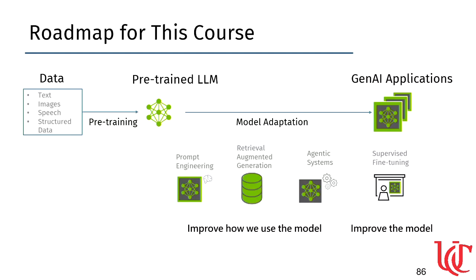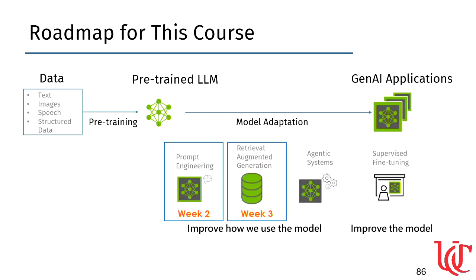This framework also matches our roadmap for this course. Next week, we will go into the first general approach, how to improve the way we use the model. We start with prompt engineering. In week 3, we will talk about RAG. In weeks 4 and 5, we will talk about AI agents and agentic systems, how to build the agentic workflow as a system.